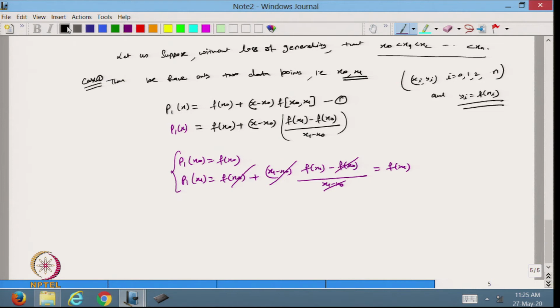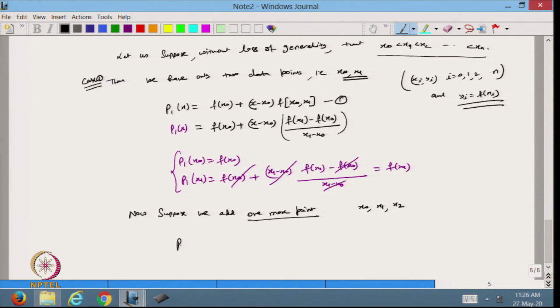Now, what do I do? Suppose we add one more point. So, now suppose I have x0, x1, and I have added another point, that is x2. So, 3 points are there. So, it should be quadratic.